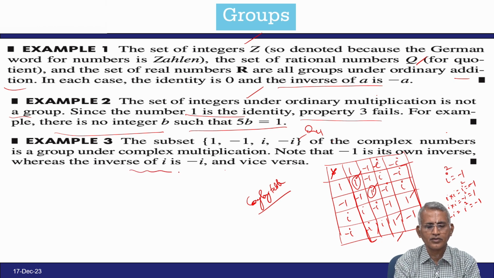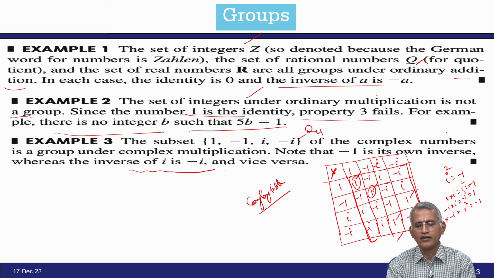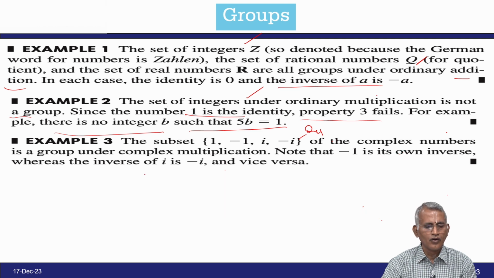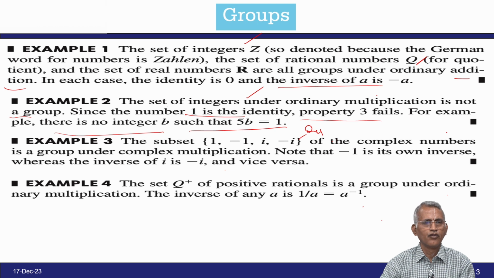That is why the inverses of I and minus I and vice versa, and each element's own inverse, are reflected through the Cayley table. Therefore, you can understand with the help of the Cayley table whether the set is a group or not. Now, we move to example 4.